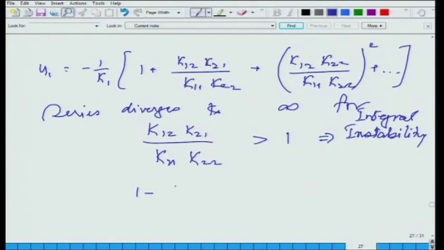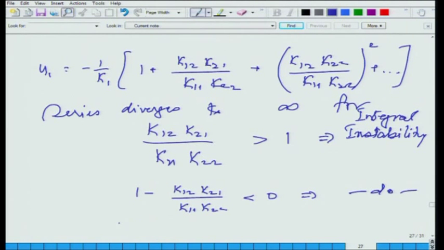All right. So what that means is if 1 minus k12 k21 divided by k11 k22 is less than 0, this implies integral instability.